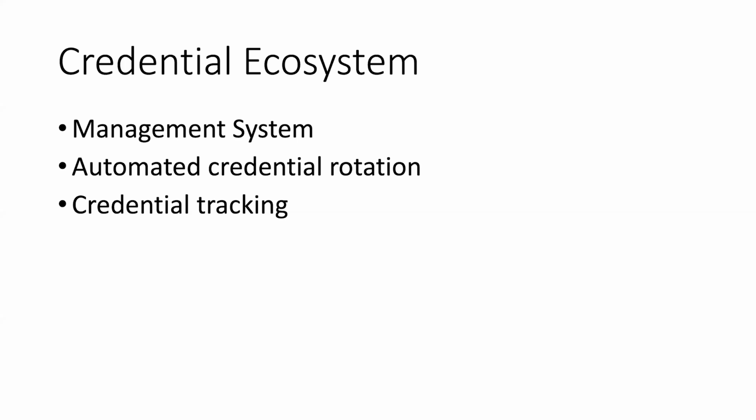So getting secrets into an application is fantastic, and it's a great first step. But you want to go past that, and we want to talk about things like tracking credentials, who's using the credentials. We want to be able to rotate those in an automated fashion, and we also want to have a way to manage those credentials. So those are a few things that you want to do as your next steps after you've got a broker like this written.